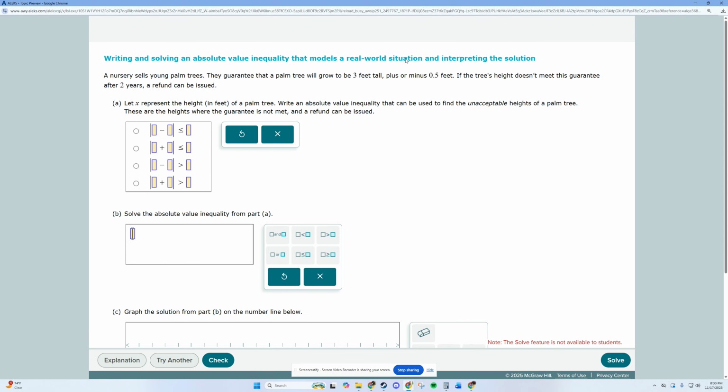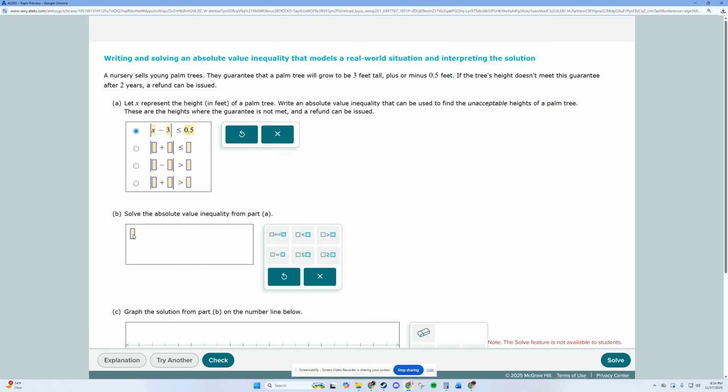This one I can just do quickly. They want it to be 3 feet plus or minus 1. So they guarantee it's going to be that much within. So it should be within 3, 0.5. Okay, I'm going to start with 0. So now let's solve this.